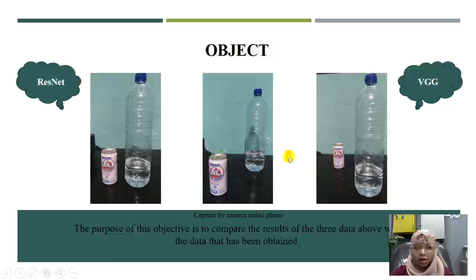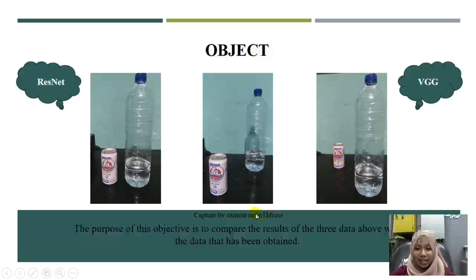The third condition: the third picture is the same as the second, only this time the can will be in the back of the bottle by about 10 or 15 centimeters.